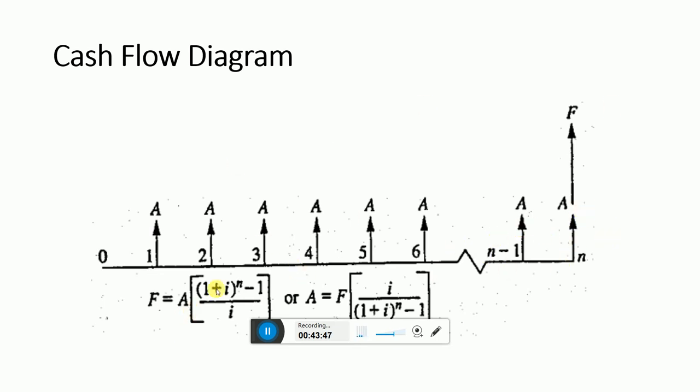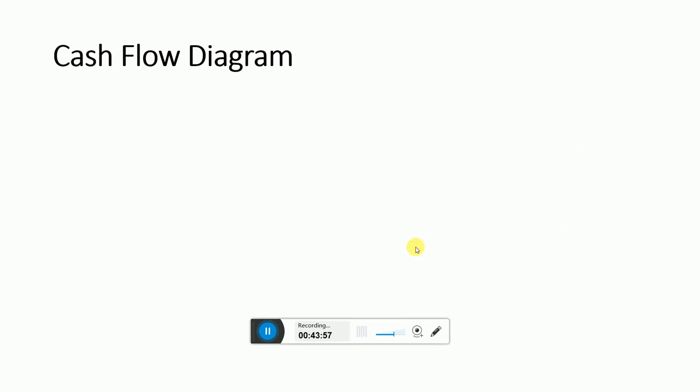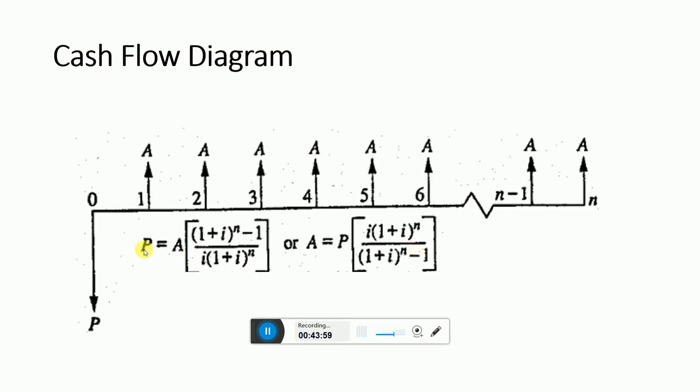With this we can find F, or we can find A using this formula which we have seen earlier. Similarly, in terms of P, the present value, we can choose this formula to calculate the value of A or P, whichever we have.